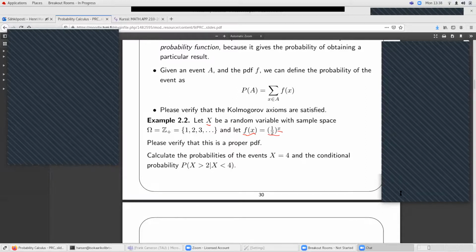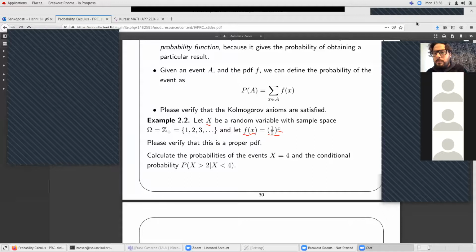I'm just going to do it with pen and paper. Good old fashioned pen and paper here. So we have the probability of X greater than 2 under the condition X smaller than 4.